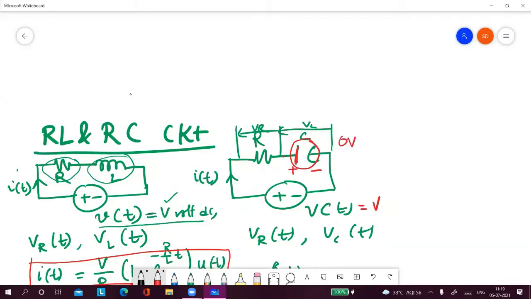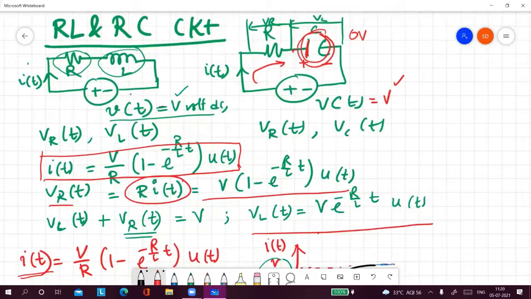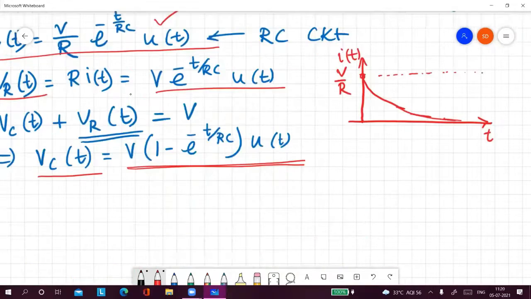Since there is a potential difference, V and 0, current will flow and the plates will become charged. When the voltage drop across the plates becomes V, there will be no current. So this will be the expression of current.